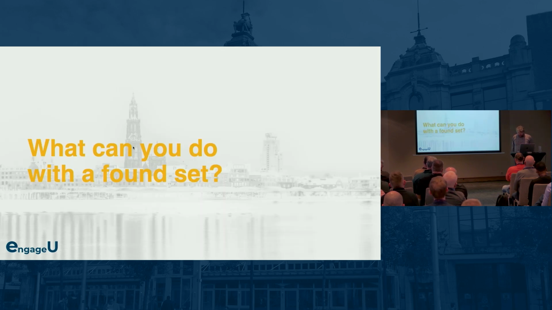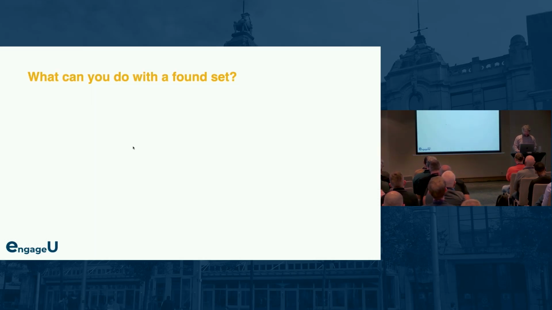So what can you do with the found set? There's a bunch of things you can do. You will learn nothing here, but it's just quite amazing what you can do. All the things we do daily based on the found set. First thing is the most obvious: we browse through records, right? We go to next records, we can select another record, and so on.